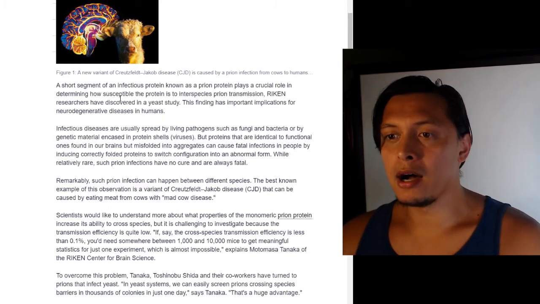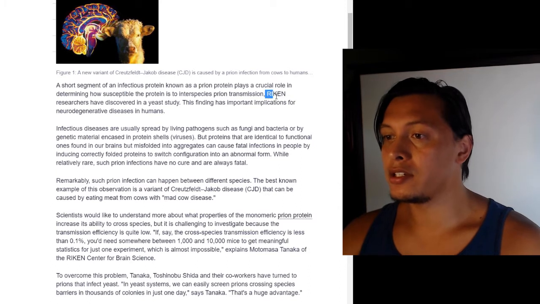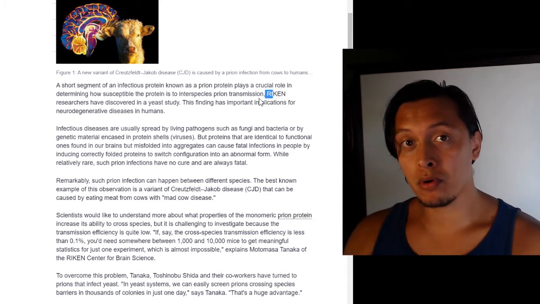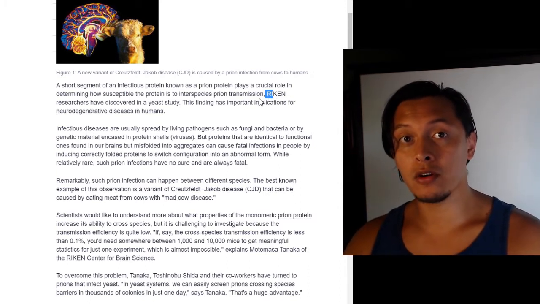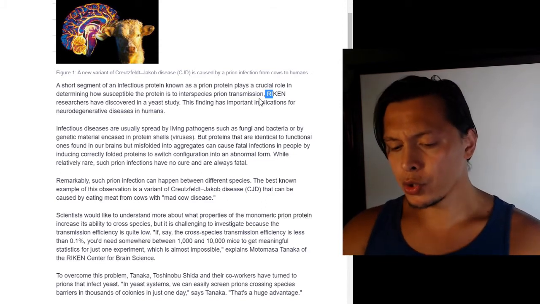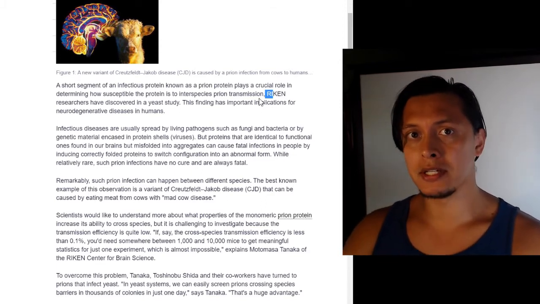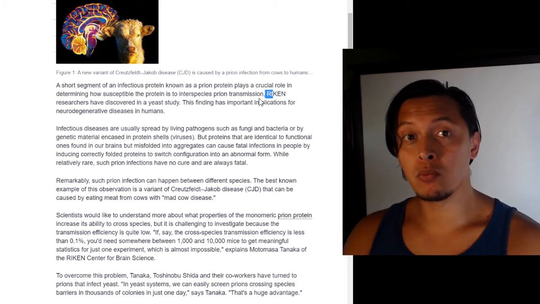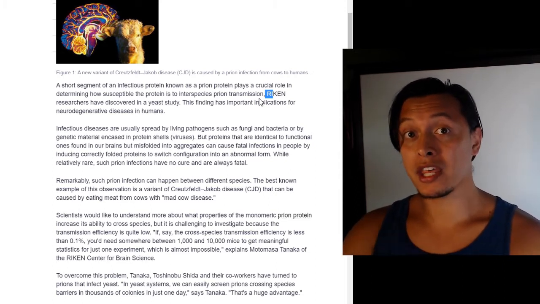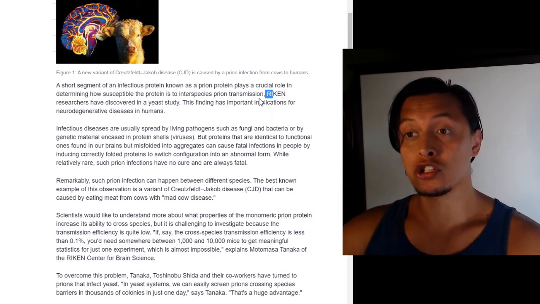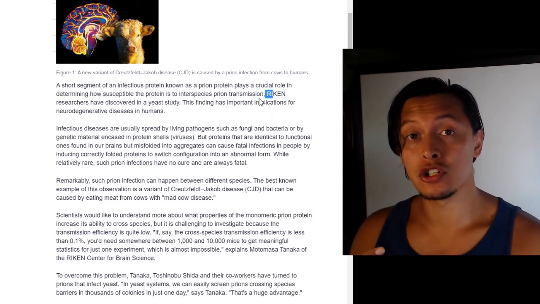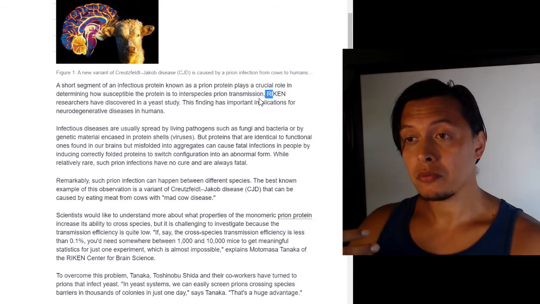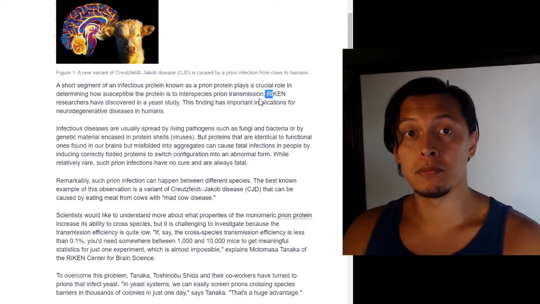You can have prions that are within one species, but we want to look for different types of sequences that can determine whether a prion will just stay within the same species, or be able to make the jump into another species if they try to consume the material from the first species.